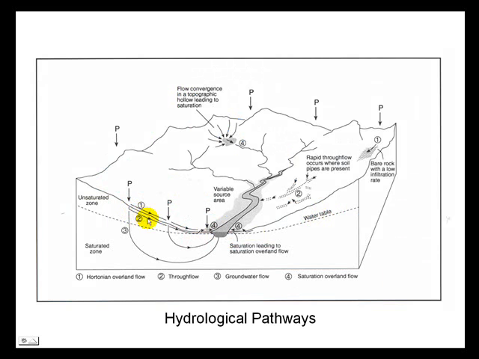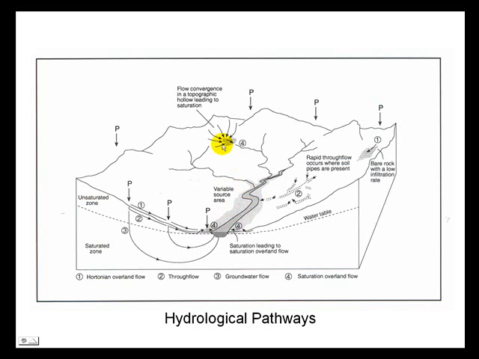So these are the different flow pathways. We have overland flow, throughflow and groundwater flow. This is the river channel, and this is the saturated area which forms after prolonged rainfall. So any rain falling on that area is going to get into the river channel very quickly.